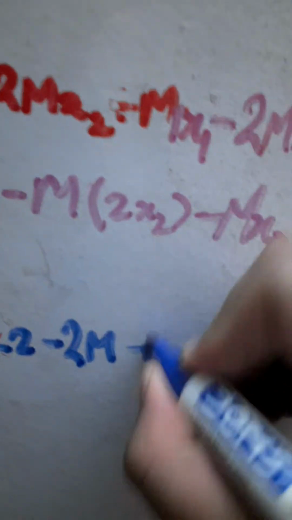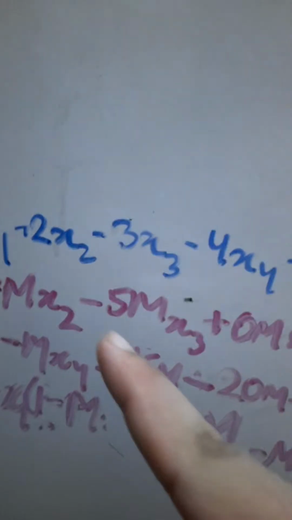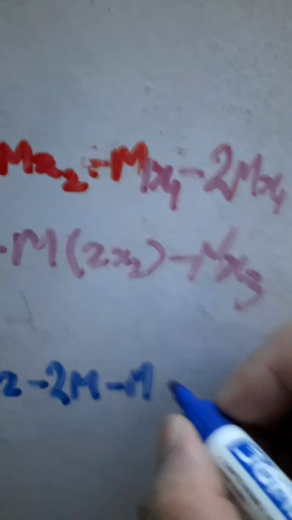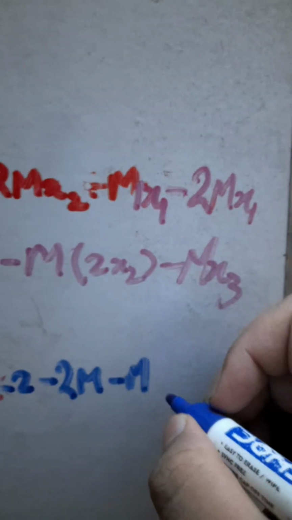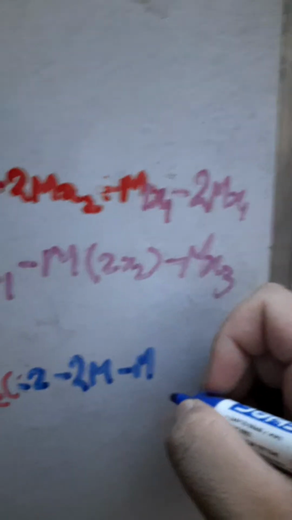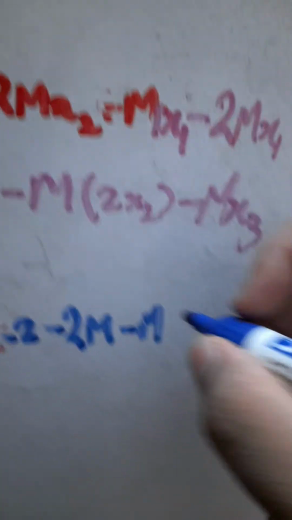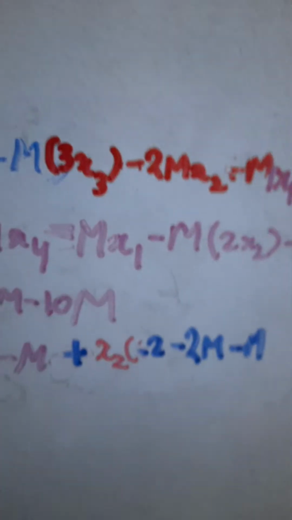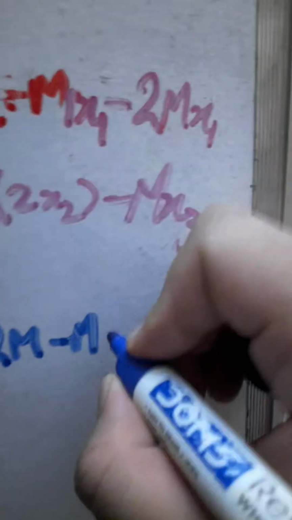Then minus m, see here minus mx2, then x2 removed, only minus m remains because we took it out common, divided it, and multiplied it outside. So it will later multiply inside and become the same thing, so no change occurred, okay.